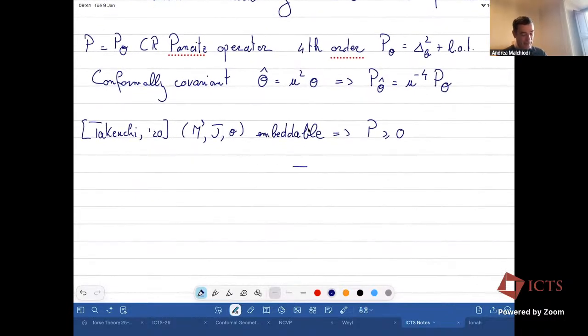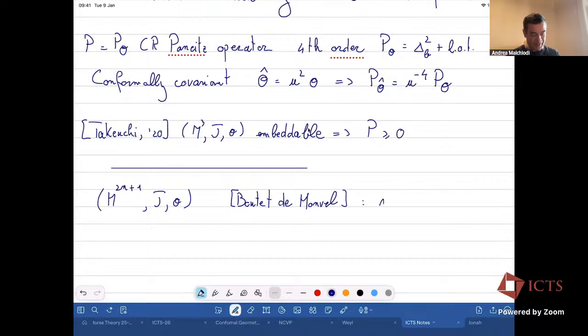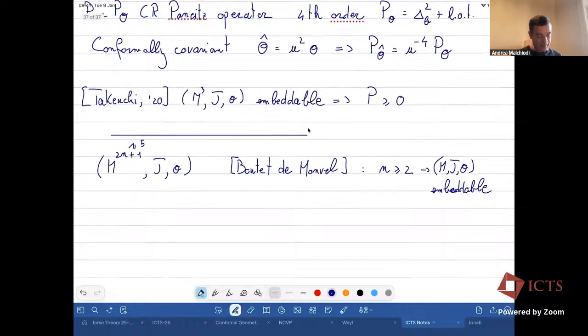Okay, so the catch is that if we are in dimension greater or equal to 5, by a result by Boutet de Monvel, which I mentioned yesterday, if n is greater or equal to 2, so if we are in topological dimension greater or equal to 5, then M is embeddable. But embeddability is not always true.